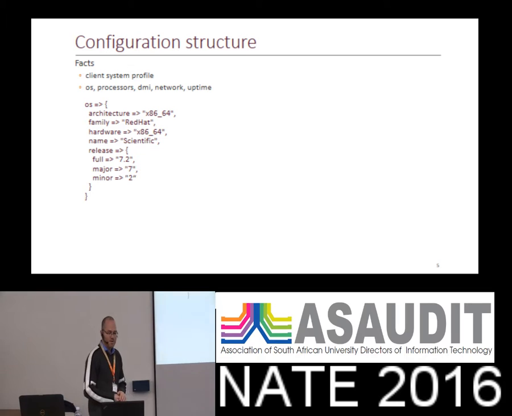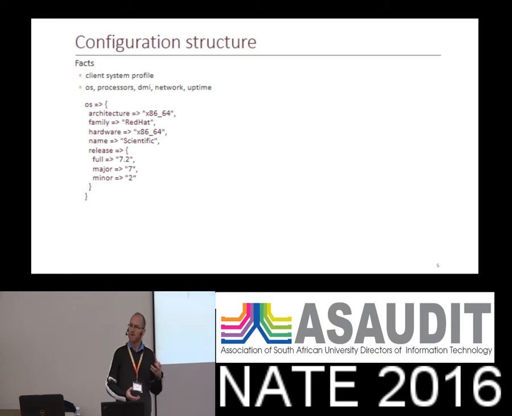So the configuration structure, there are a number of things in the configuration structure. Your Puppet agents supply the server with facts about the machine. And these facts are things like, what is the OS? What processes exist? Give me all the DMI data, like the number of RAM sticks you have, that type of thing.